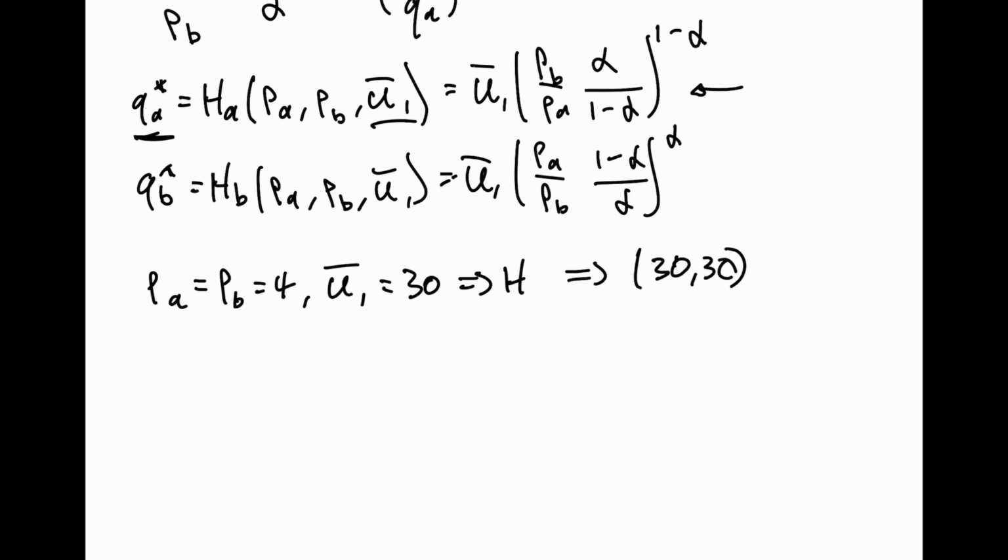So when price for A is equal to 16, price for B is equal to 4, utility is equal to, well, first we're going to look at utility of 30, plug that into the Hicksian.